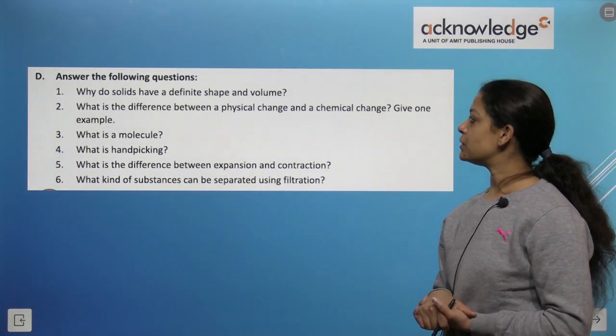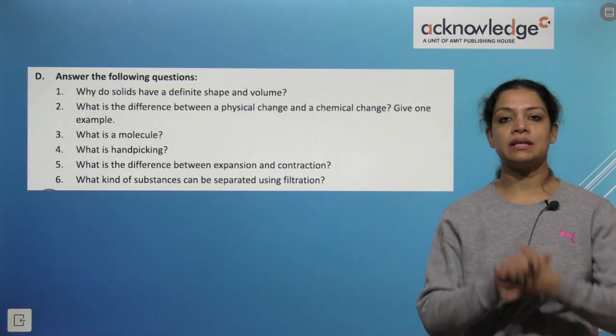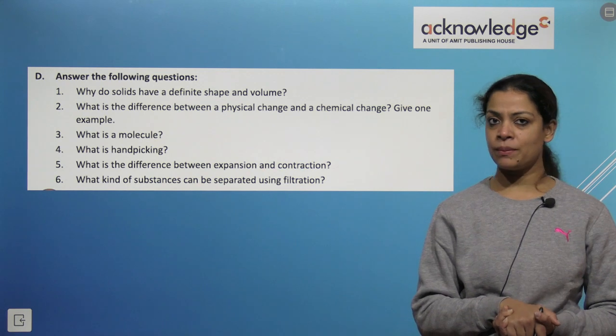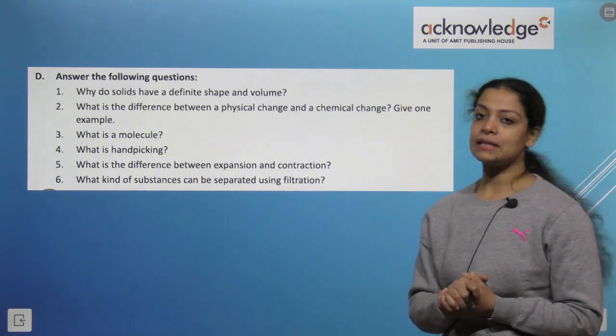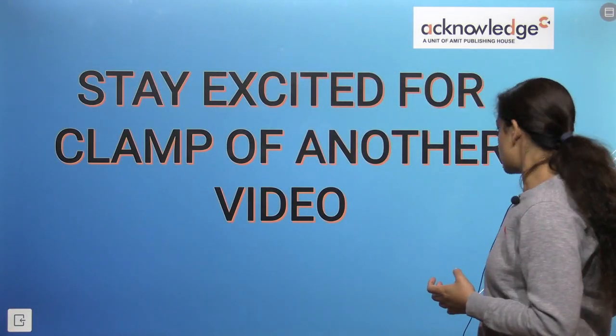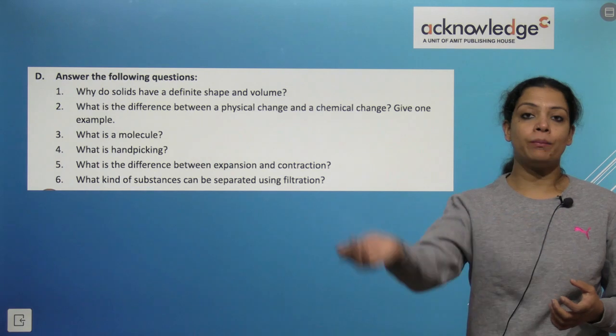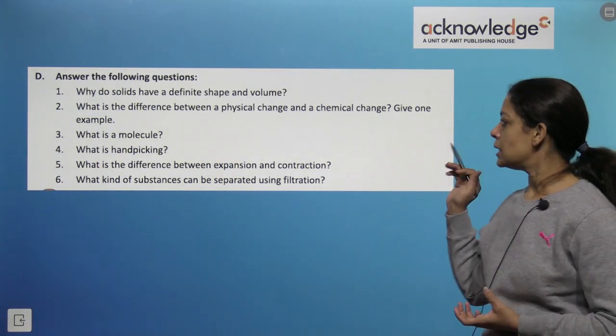Now, what is the difference between a physical change and a chemical change? In a physical change, there might be a change in shape and size, but there is no new formation of a substance. Whereas in a chemical change, a new substance is formed which cannot go back to its original form. Give one example.